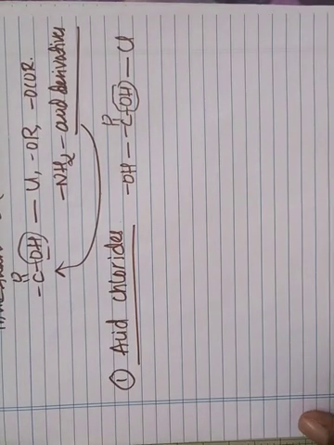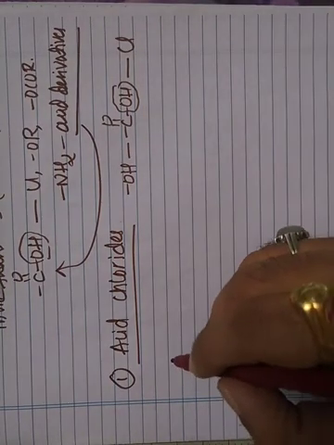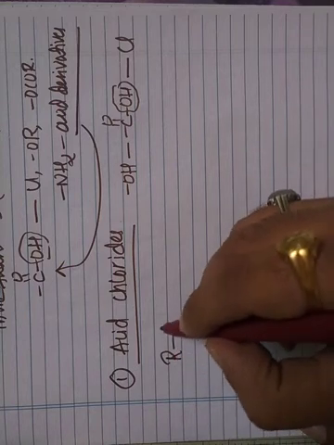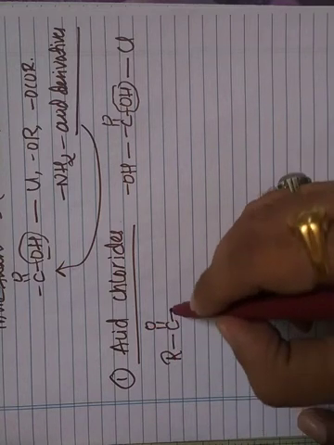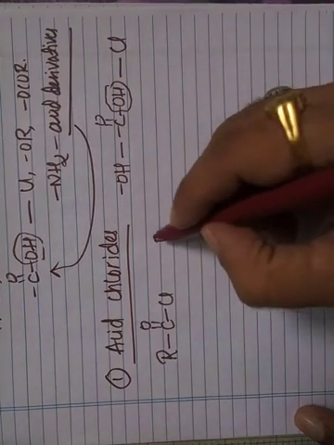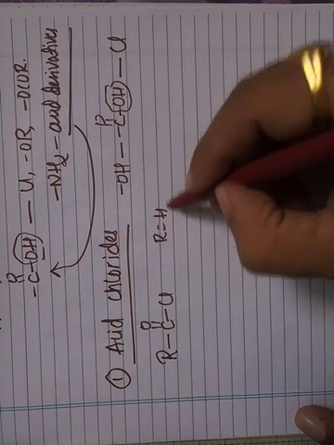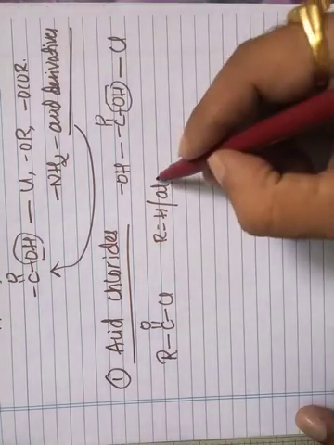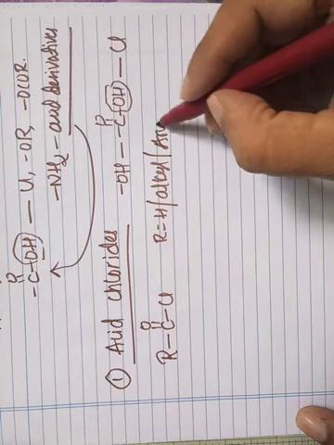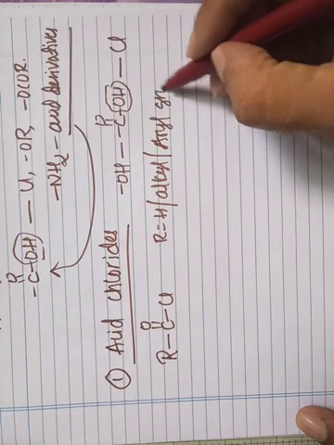The general formula of acid chlorides can be written as RCOCl, where R may be a hydrogen atom, an alkyl group, or an aryl group also.